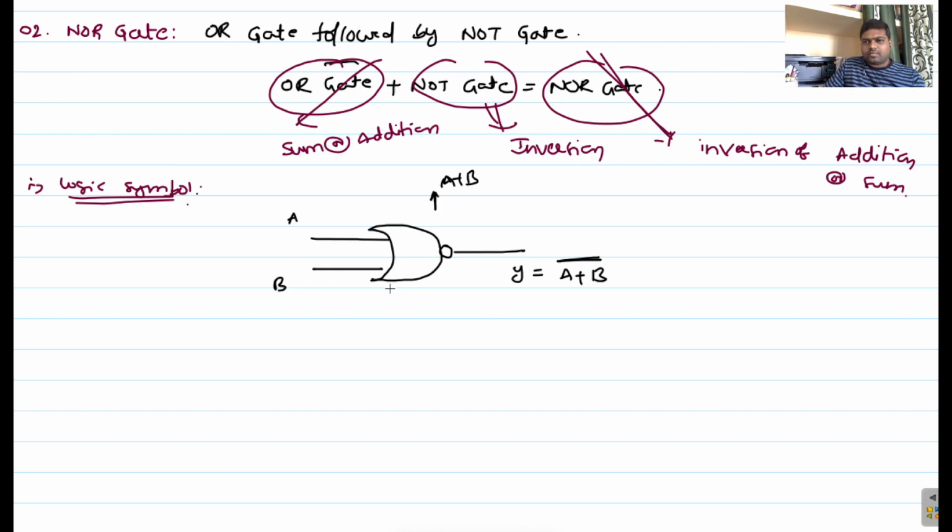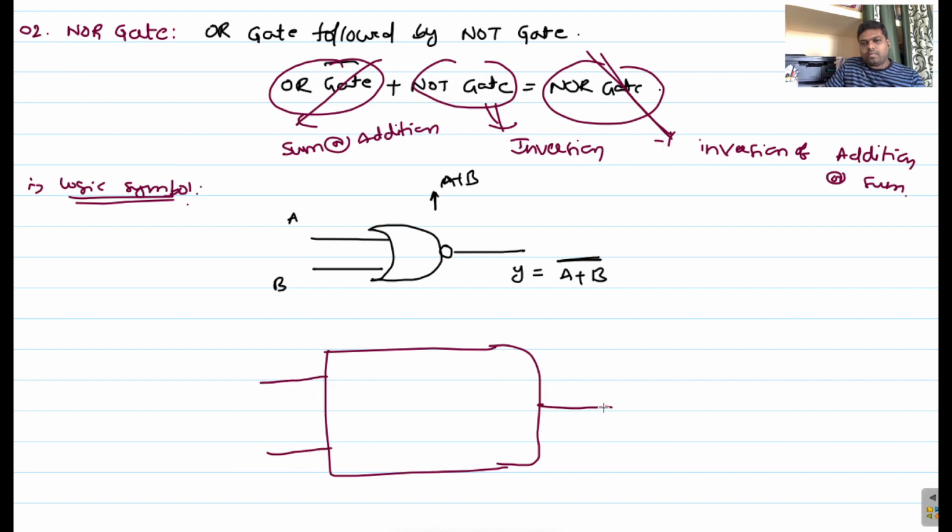And if we expand this particular configuration, here we have the OR gate, and here we have the NOT gate. So this is A and this is B, and this is Y equals (A plus B) bar.